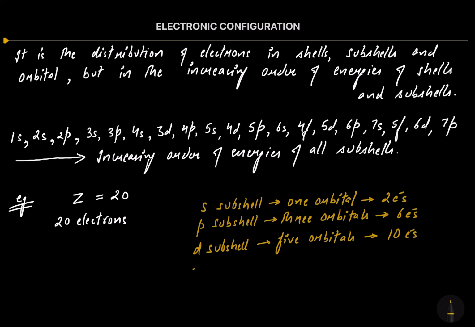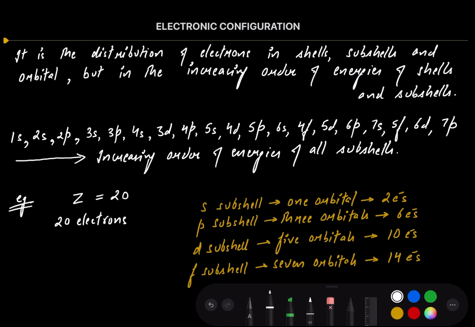Now let's talk about the f subshell. F subshell has 7 orbitals. So 7 orbitals will accommodate a maximum of 14 electrons. Now let's come back to the example.